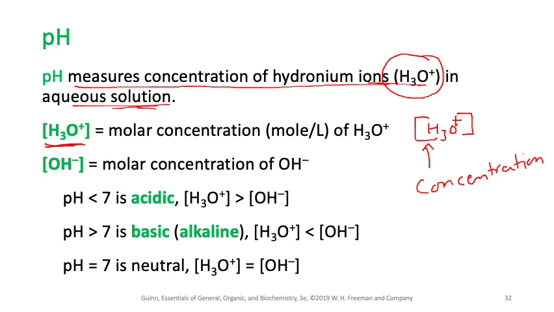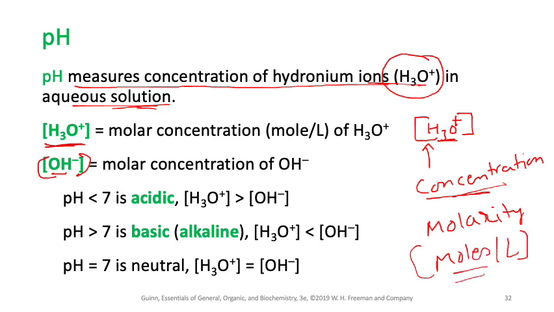So if the hydronium ion is written in between the closed box, that means we are concerned about the concentration of the hydronium ion. Similarly, for the OH negative ion, if you have a box surrounding it, that means we are talking about the concentration of the hydroxide ion. And the most common concentration unit that we normally use is molarity, which is moles per liter.